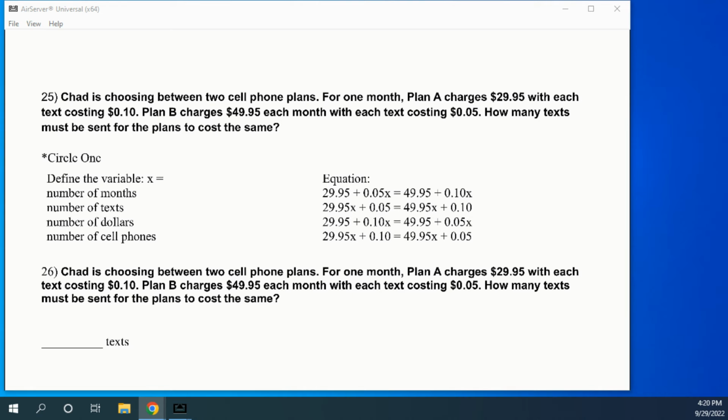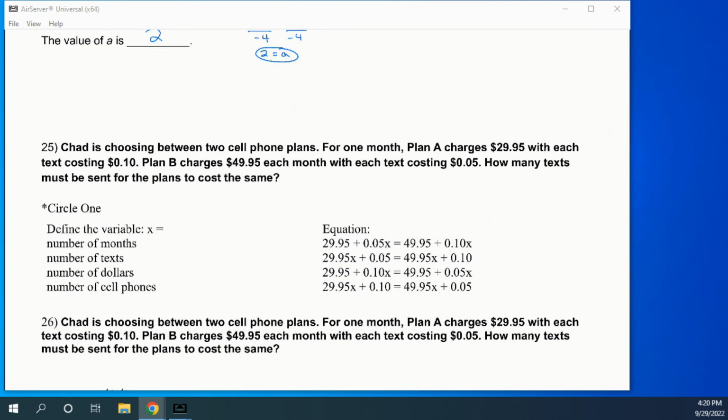So Chad is choosing between 2 cell phone plans. For 1 month, plan A charges $29.95. With each text, I'm going to highlight that. Each text costs 10 cents. Plan B charges $49.95 each month, with each text costing 5 cents.